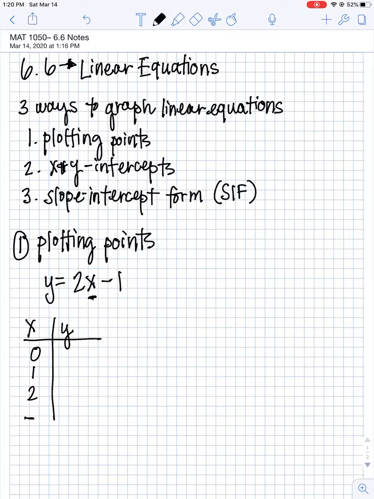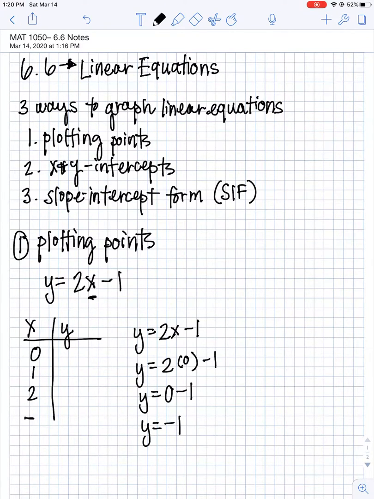Everywhere we see an x, we're going to plug in 0. So if I rewrite the equation, it was y equals 2x minus 1. And so when x is 0, it will be y equals 2 times 0 minus 1. Well, think about that, guys. That's y equals 2 times 0, we all know is 0, minus 1, which means y equals negative 1.